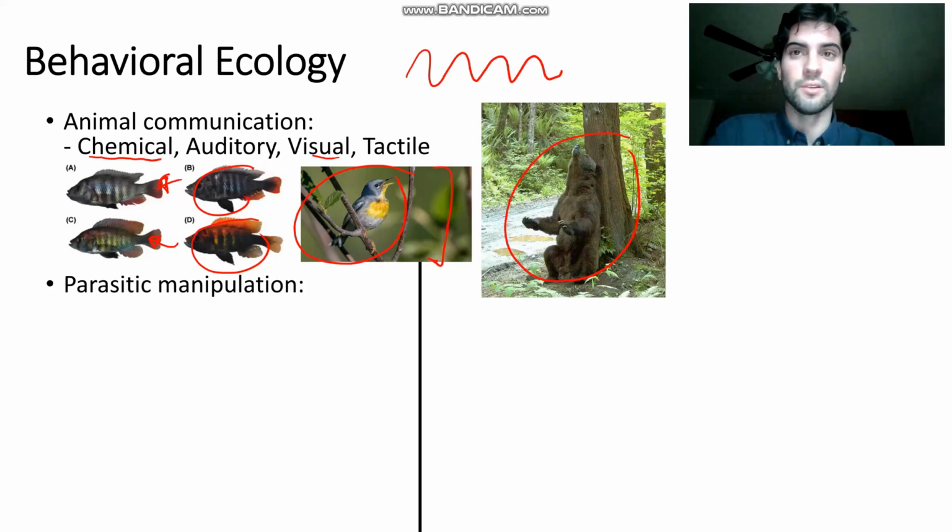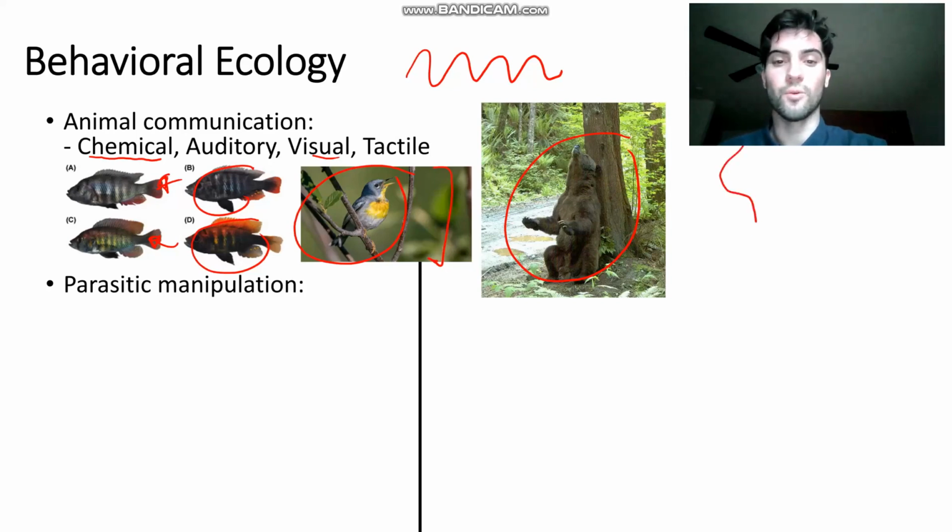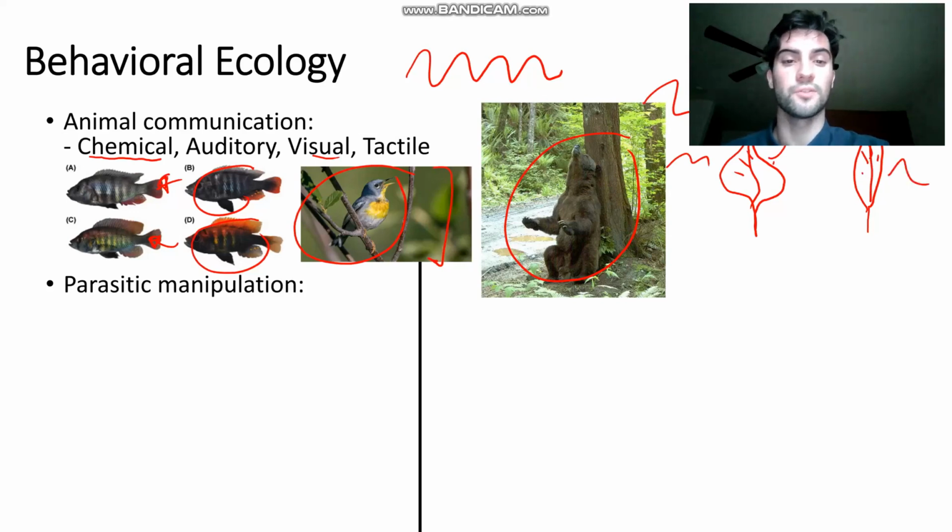So if the bird is living in a forest with leaves shaped like that, or if it's living in forests with leaves shaped like that, then the sound will hit the leaves and bounce off differently because of the shape of the leaf. So the idea is that the birds have different phenotypes of song, okay?